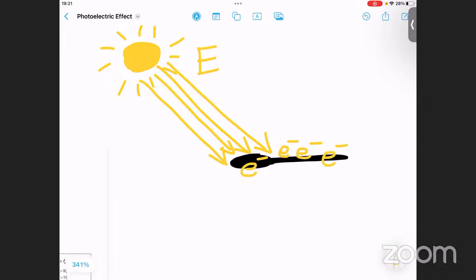If this sunlight is that powerful, meaning it has a lot of energy, it will not only release these electrons from the surface of that spoon, but because it has extra energy, it will make these electrons move away.